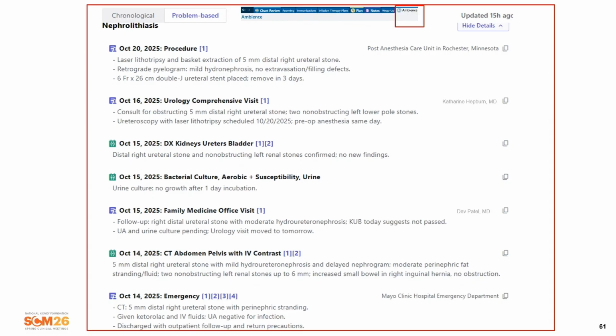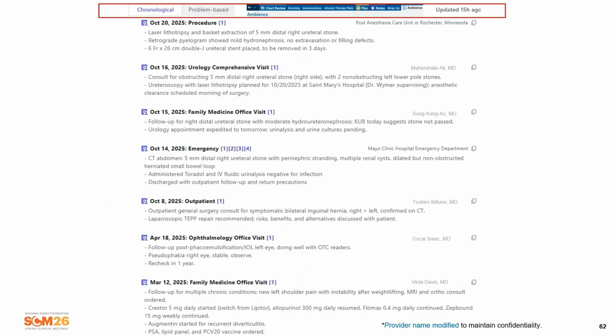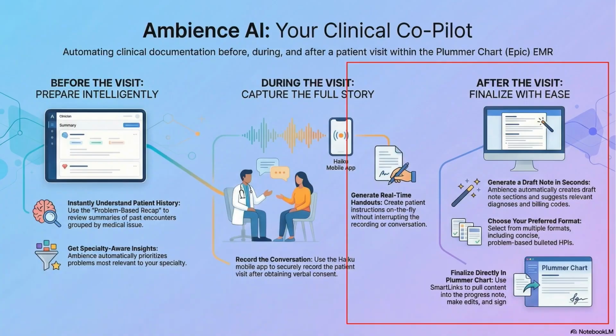Before a patient comes to see me for a kidney stone, I understand that the patient went to the emergency department with back pain, was found to have a kidney stone from the CT scan, went to see urology, and had lithotripsy and the stent removed. Then you can get to understand your patient and start a conversation to get more information, right? You can also see the change in the timeline and get this information as well.